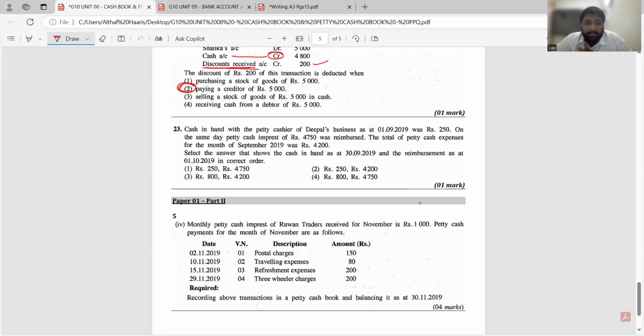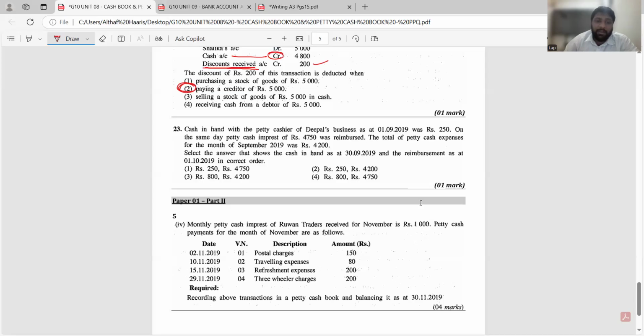So the cash in hand at the beginning of the month is 250. On the same day the imprest of 4,750 was reimbursed. The total petty cash expenses for the month is 4,200.